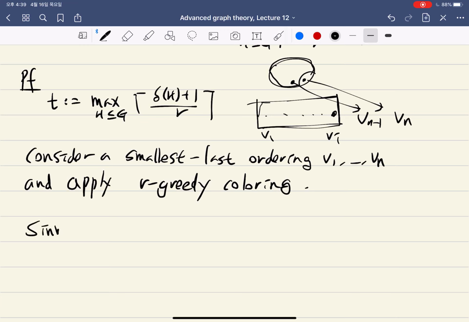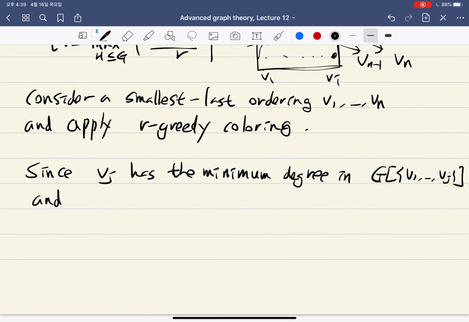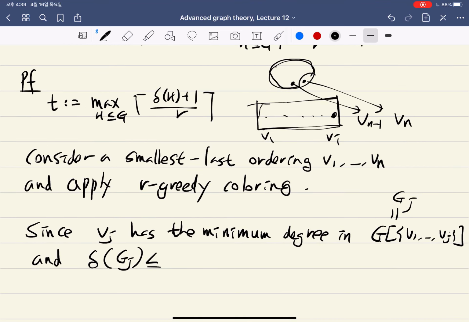Then what do we know? Since vj has the minimum degree in the graph induced by v1 to vj, and let's say this graph is Gj, then we know its minimum degree is at most tr minus 1.